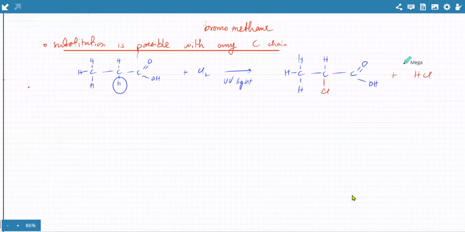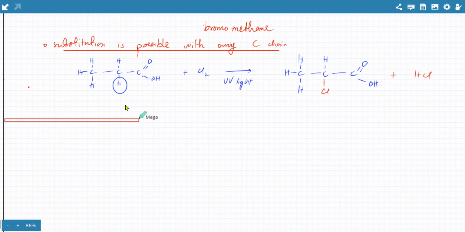Ahmed, clear है? Yes. ठीक है, तो मैं बस ये कह रहा हूँ कि this reaction is not just limited to alkanes. This substitution reaction could happen with any carbon chain.